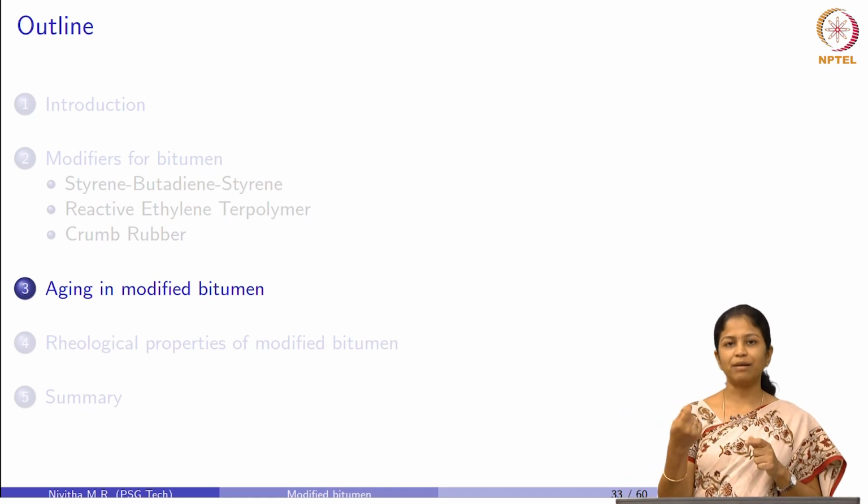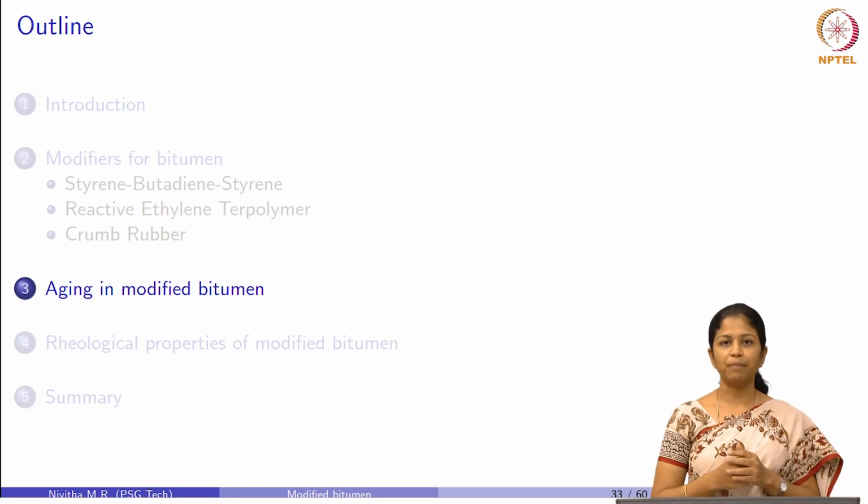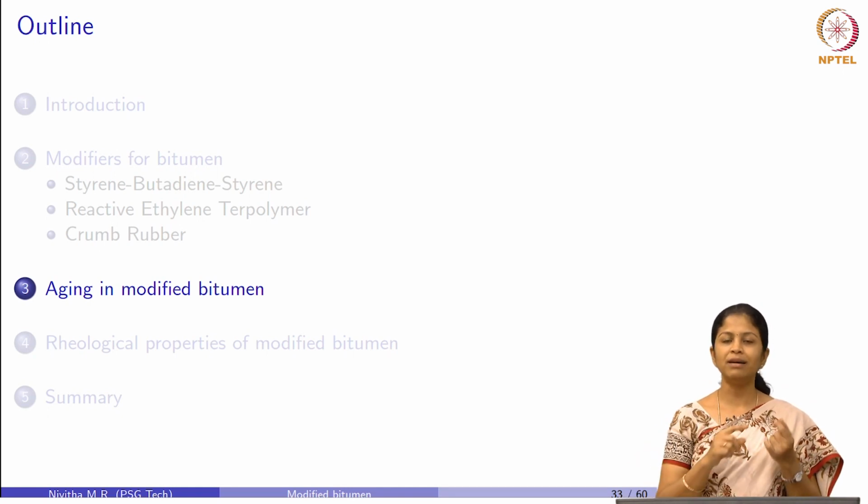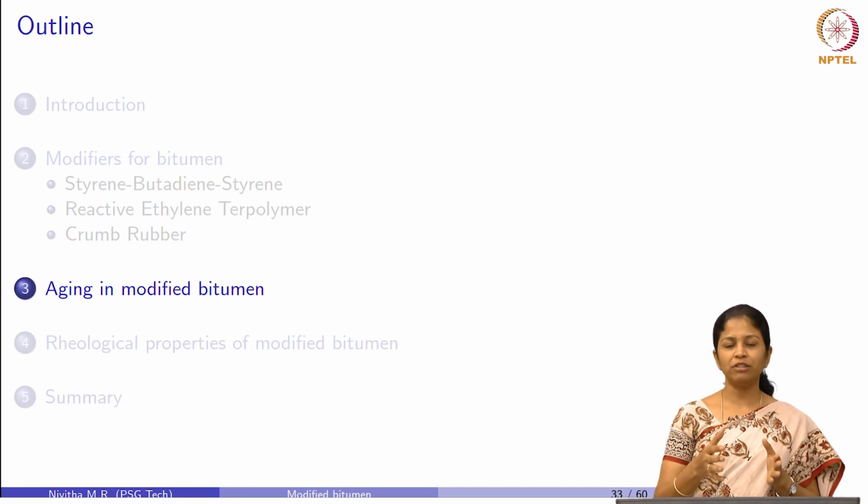At these temperatures, the modifier is added to bitumen and they are sheared at very high shear rates, from 3000 to 6000 rpm. This is to make a homogeneous blend and distribute the modifier uniformly in the base bitumen. This is done for about 20 to 30 minutes, again depending on the type of modifier.